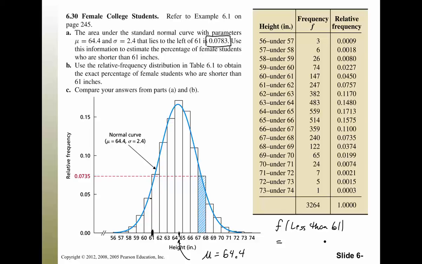From the table you get 0.784. Okay? That's from the table, right? The table reflects each individual bar.